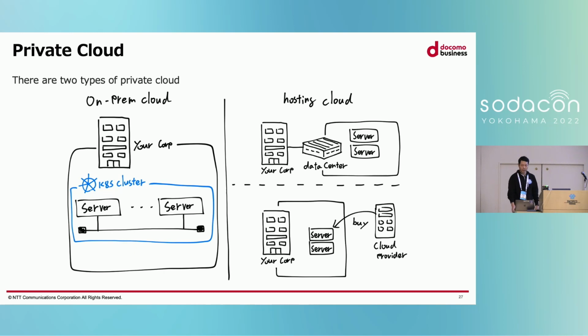Both on-premise and hosted cloud are closed only to the company, and the company can freely configure them. However, the company must develop and implement the necessary functions in-house, and operation is typically done in-house. Therefore, if you want to build a private cloud, it is better to prepare a team that can operate it.